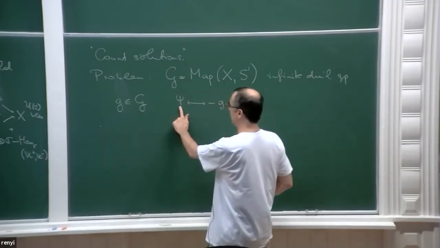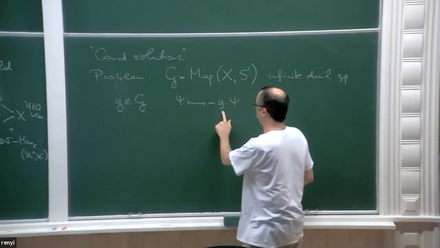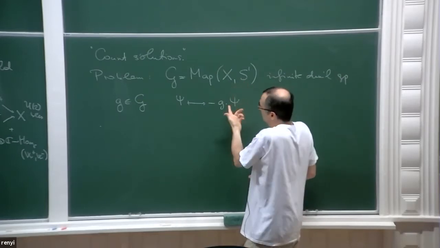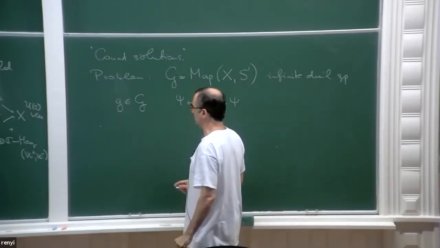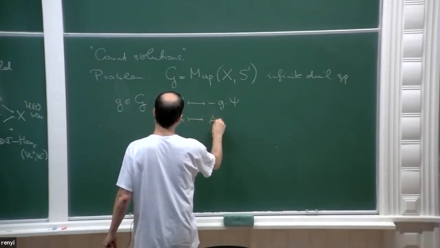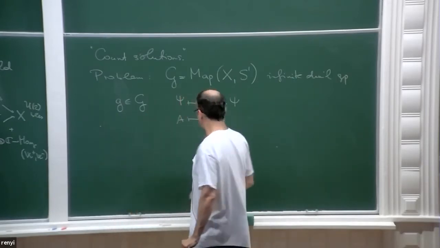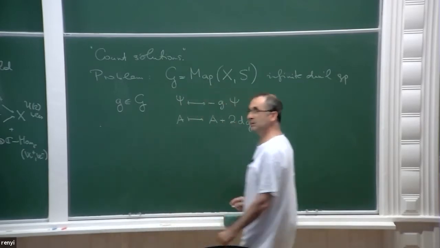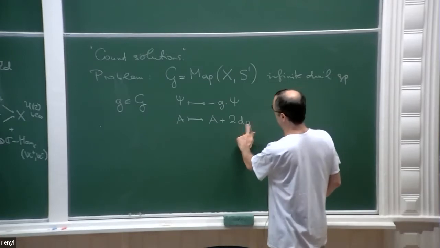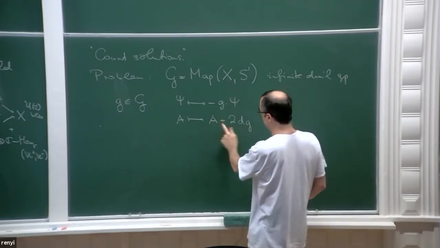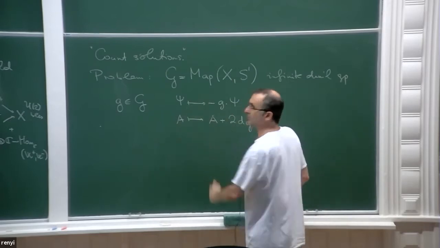We have a section, then we can pointwise multiply it with a unit complex number, and then we get another section of the same bundle W plus. And for the connection, we can send it to the connection plus a 1-form, which in this case is 2 times dg. So that will be a 1-form on the manifold X.